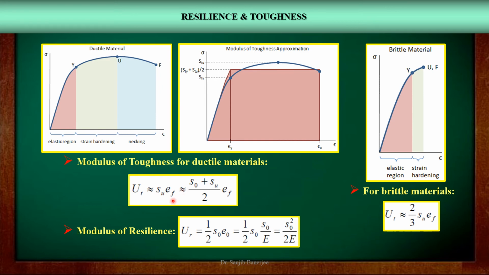Thus, the modulus of toughness, which is denoted by UT, approximately becomes SU into EF.